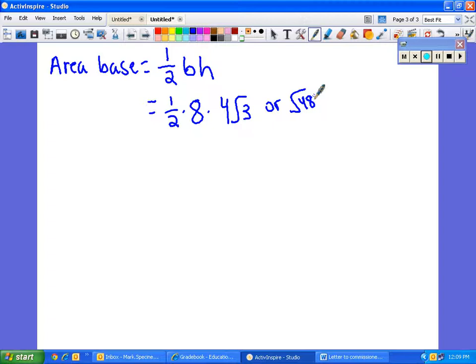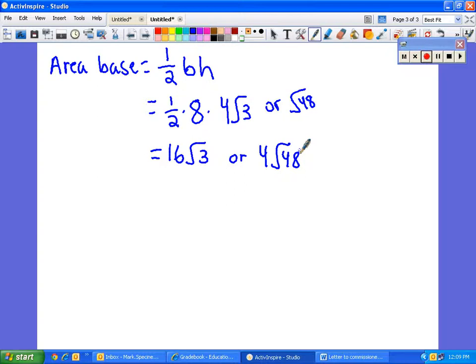So when you multiply these three together, you get 16 times the square root of 3, or 4 times the square root of 48. Notice I'm not plugging in what those square roots are. Why don't I want to do that? Exactly. It's going to be plugged into a formula. Let the calculator figure out what it is.